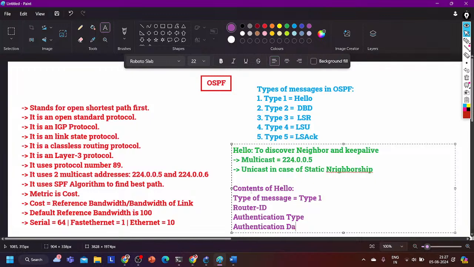Then what rest of the information will be there? Subnet mask.